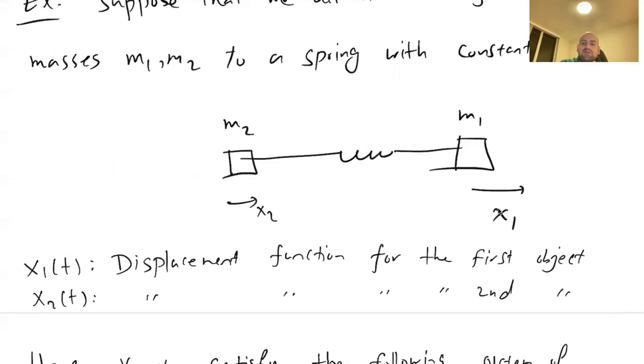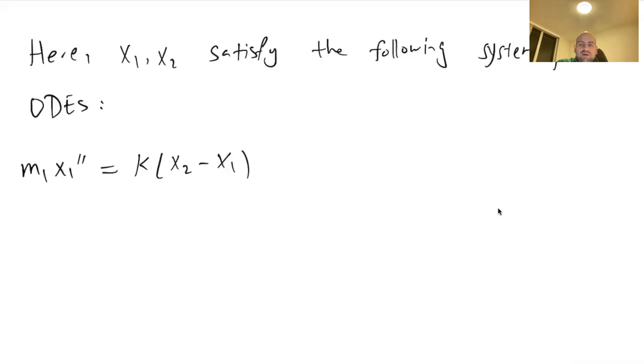And it will apply a force towards left, because the spring will apply the force to the objects towards left, which is our negative direction. So if x1 is bigger, then the force will be negative. And how much? The difference between x2 and x1.